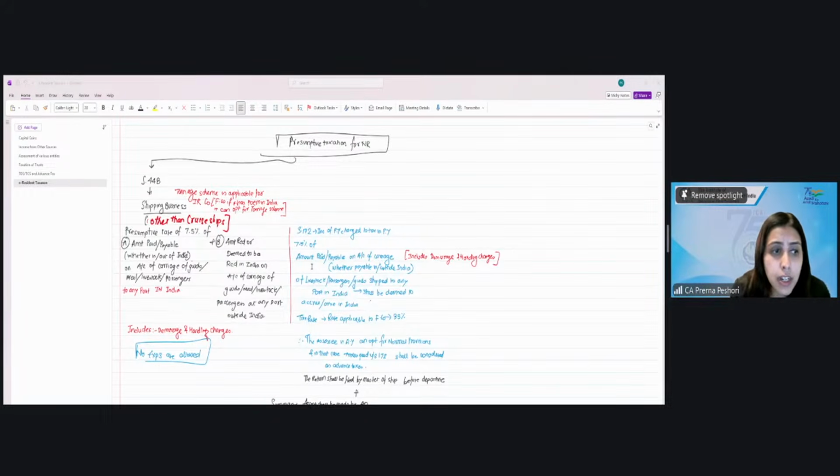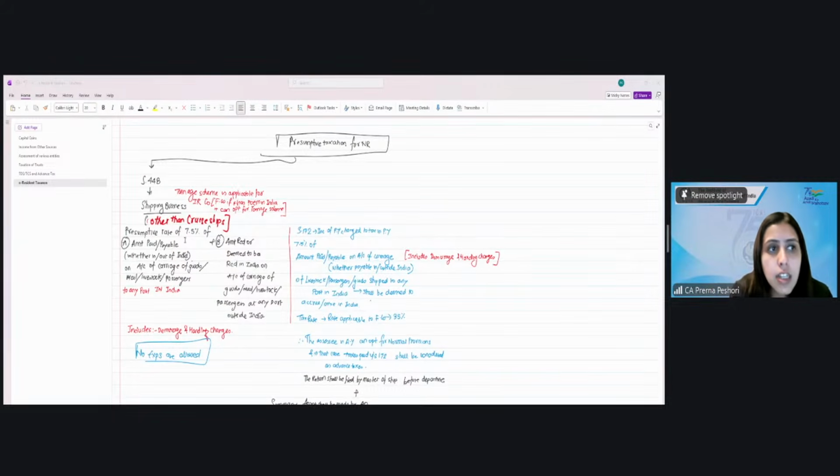And these amounts will include the demurrage and handling charges. What are demurrage charges? Demurrage charges are basically the charges which are levied if you do not take out the goods from the ship. So if you keep the goods in the ship itself, they will levy you these demurrage charges. So these amounts will get included.